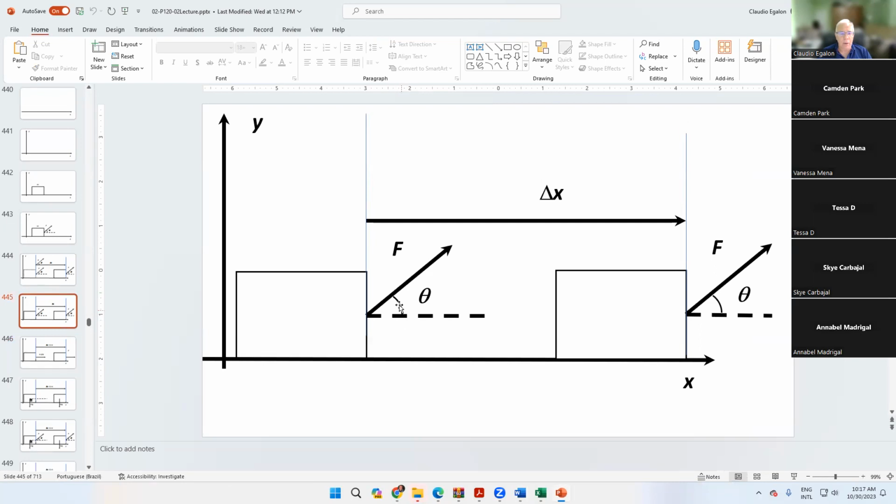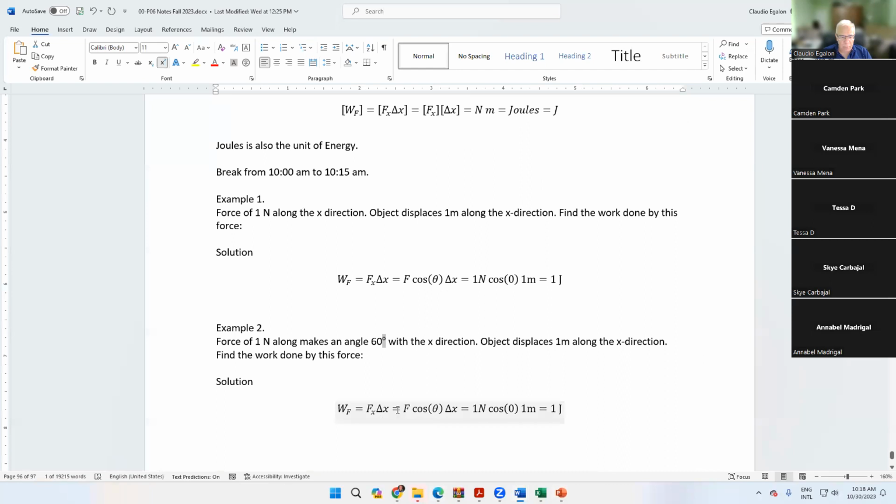Okay, this angle here, theta, is 60 degrees, right? So we go 1 Newton, 60 degrees.